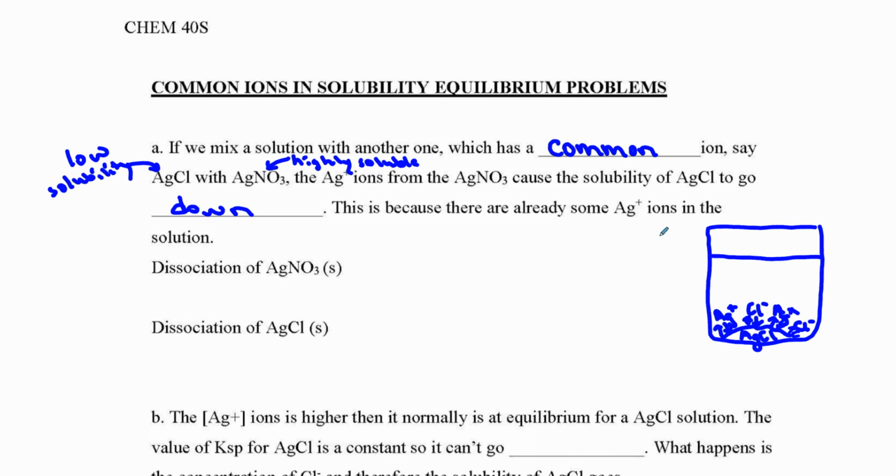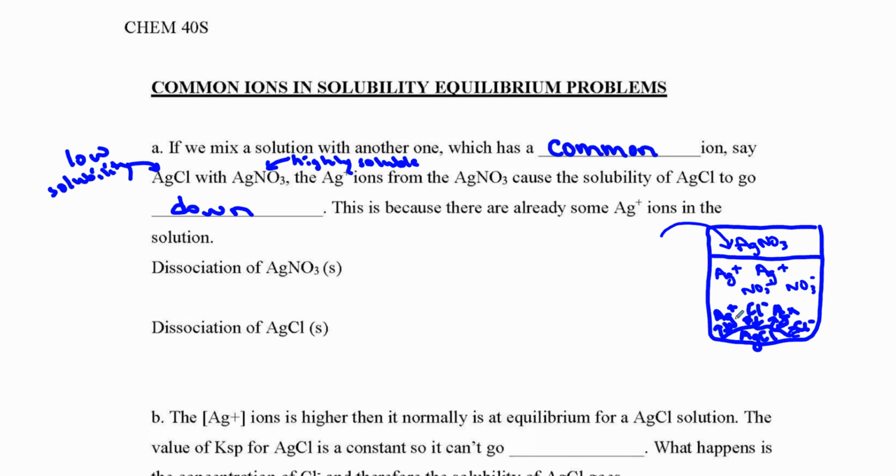So now let's add to this the AgNO3. And this is very soluble, so this is going to completely dissociate. What's going to happen is you're going to get your silver ions and your nitrate ions, and you'll have lots of those.